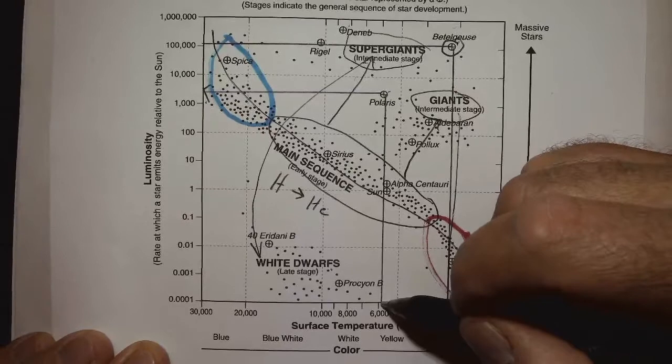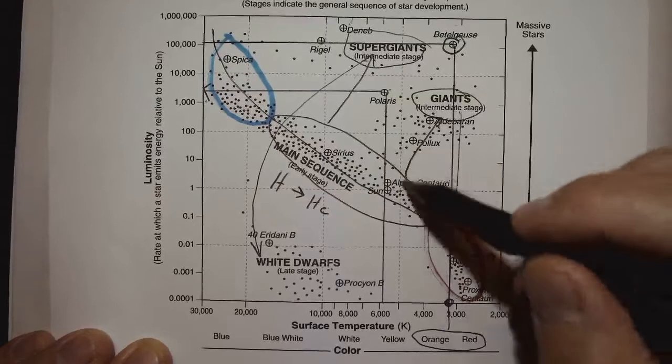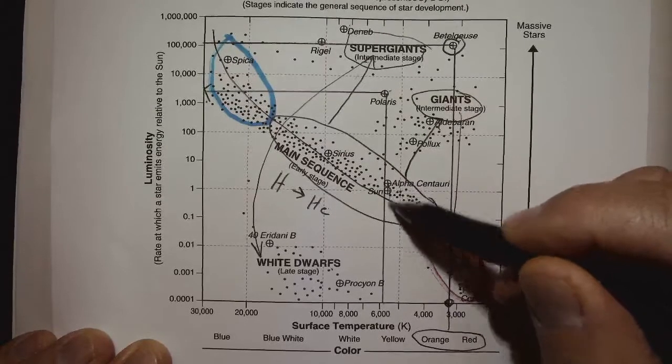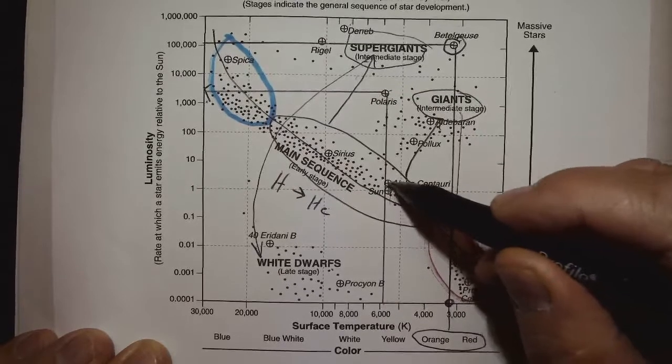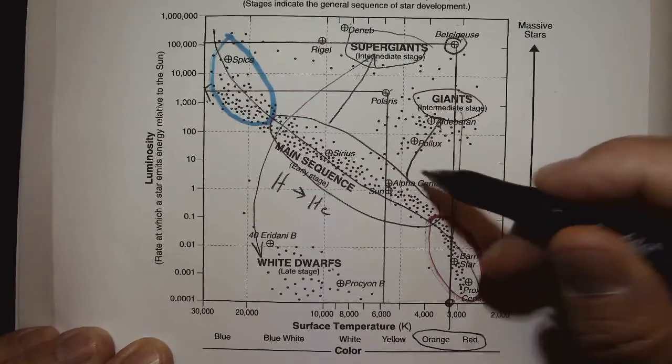All right, about 6,000 kelvins. You can see just a tiny bit hotter than our sun. What about Alpha Centauri? How hot is that compared to our sun? Look straight down. It's as hot as our sun. Is it brighter? A little bit brighter. It's probably about twice as bright as our sun.